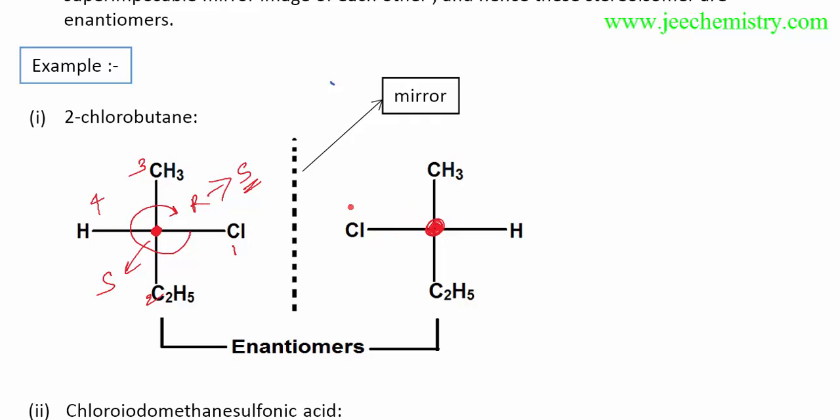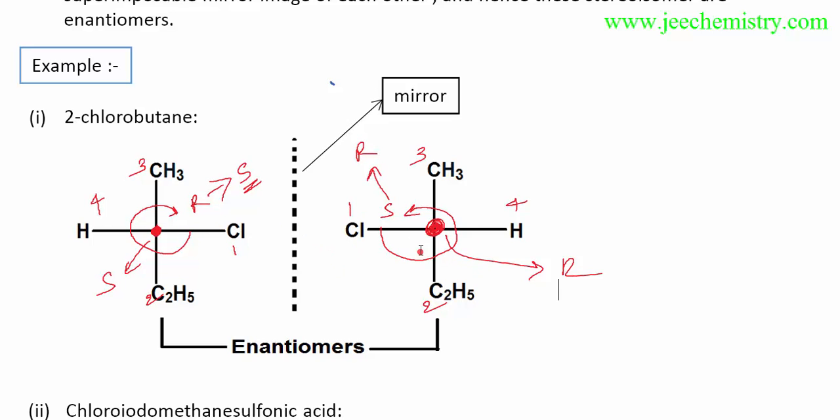Now for the other compound, decide 1, 2, 3, 4. Now this appears S, but the fourth priority group is not in the lowest position, so it will be R. Now this chiral carbon is S and this one is R. Both are opposite, meaning the two compounds are enantiomers of each other.